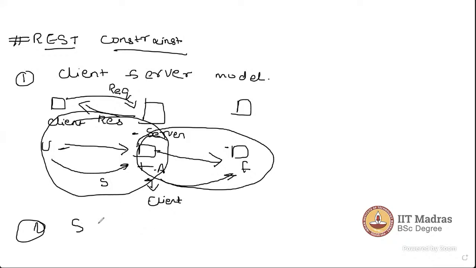The second constraint is stateless. A very important constraint of a REST architecture is that it is stateless. A stateful architecture, remember what it does? It remembers a client's activity between requests.